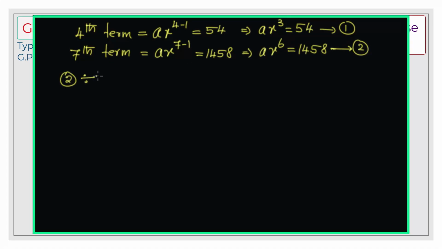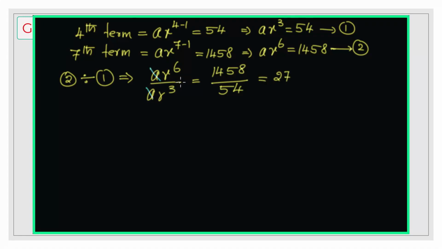Now dividing equation 2 by equation 1, we get AR raised to 6 by AR raised to 3, that is equal to 1458 by 54. Here A can be cancelled, and applying the power law of exponents, we get R raised to 6 by R raised to 3 is nothing but R raised to 6 minus 3, which is R cube.